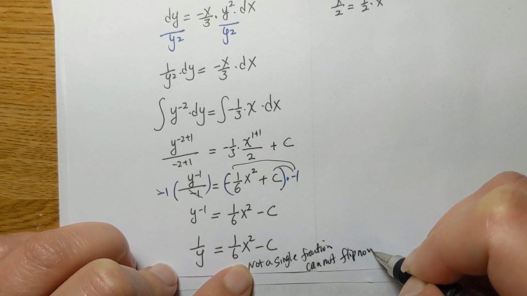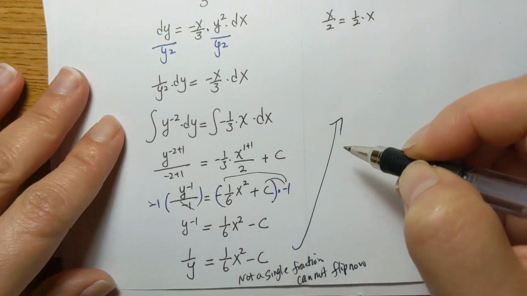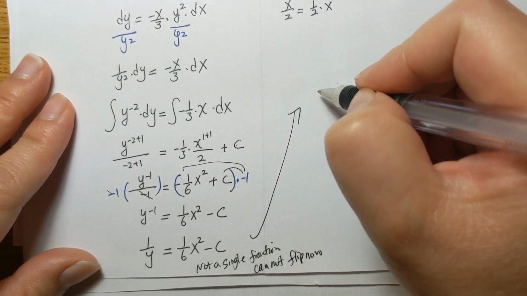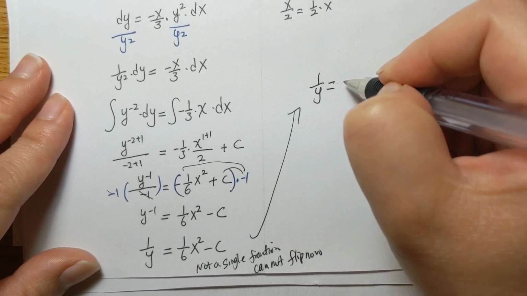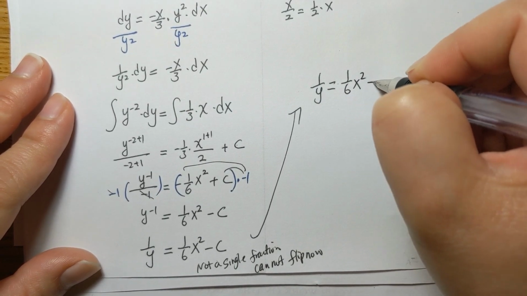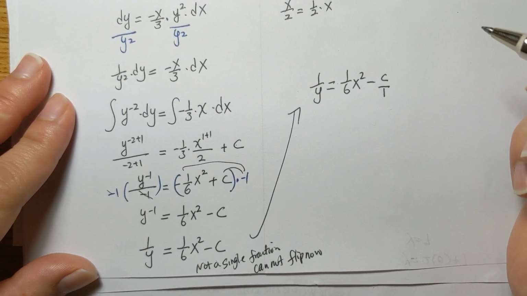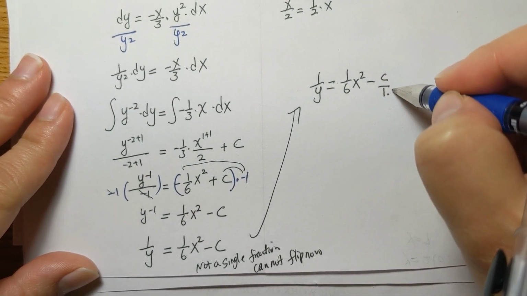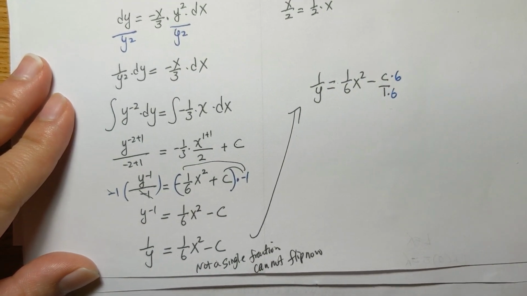now. So what do I do? I have to make it into one complex fraction. 1 over y equal to 16x squared minus c over 1. This is a 6, so I times 6 and times 6.